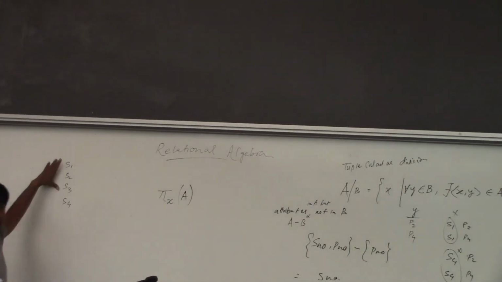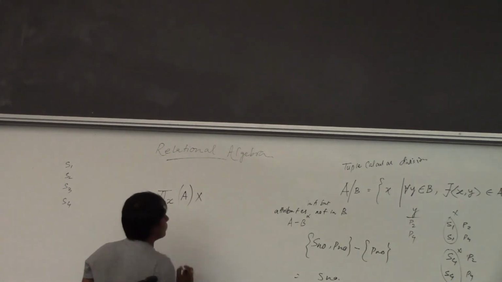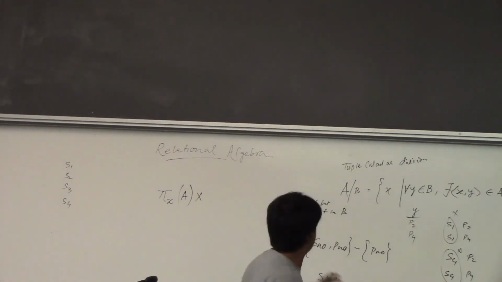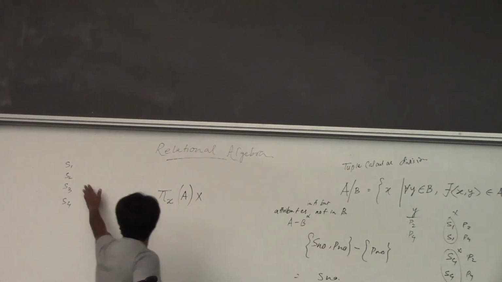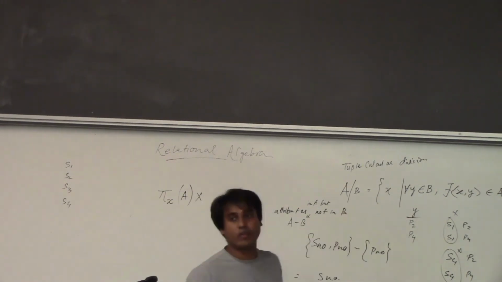So this is exactly this. Now we do the Cartesian product. We want to find out all the combination of this S1, S2, S3, S4 with the one that we are dividing.